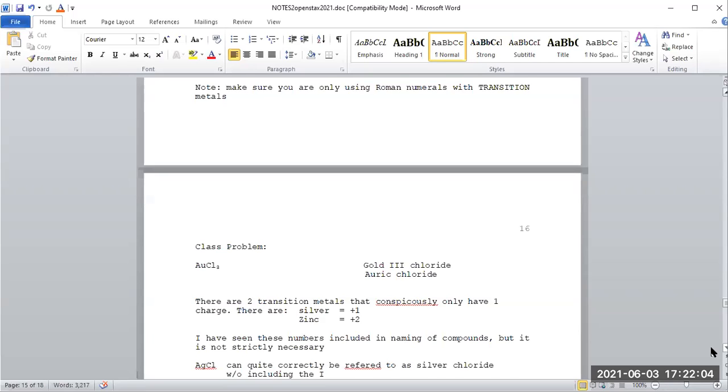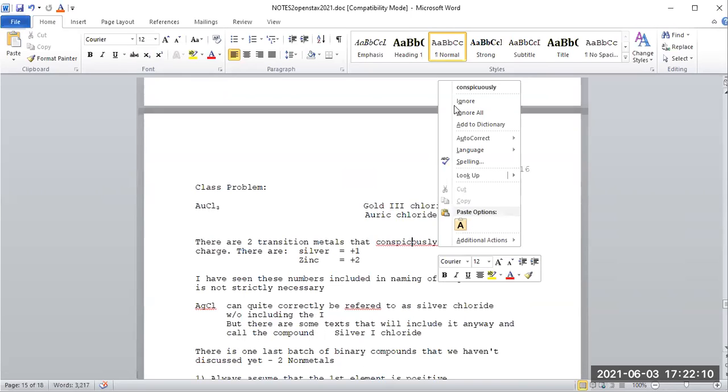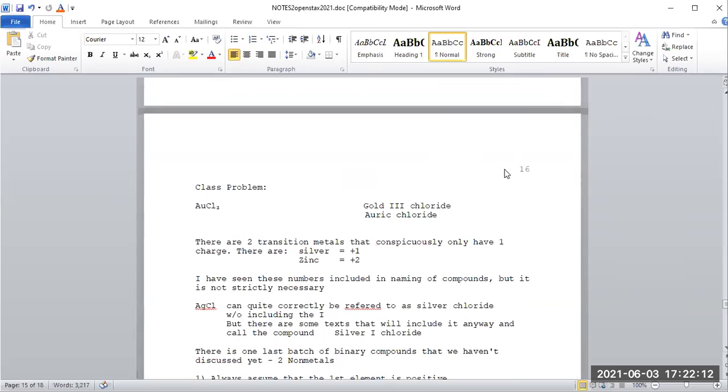So there are 2 transition metals that, it looks like I probably spelled conspicuously wrong, that don't have an either-or, okay? They only have 1 charge and it never changes. We will tend to go ahead and keep the Roman numeral that goes with them, even though it's not strictly necessary.